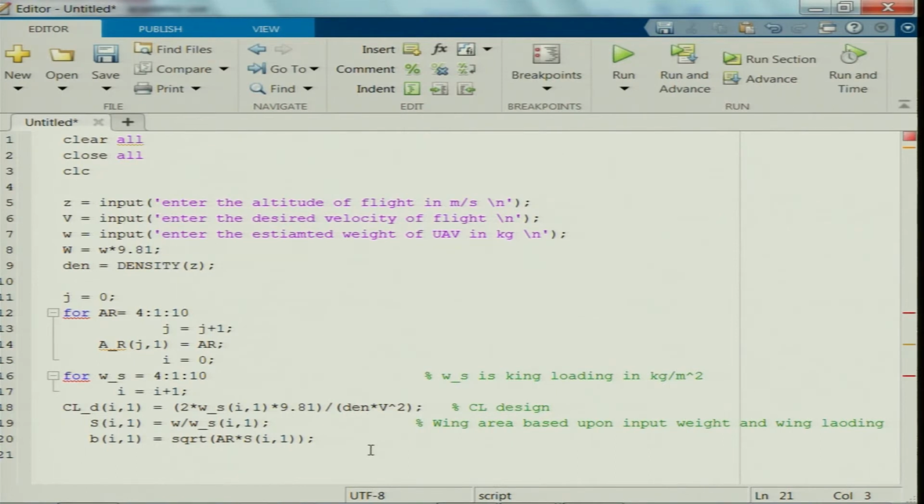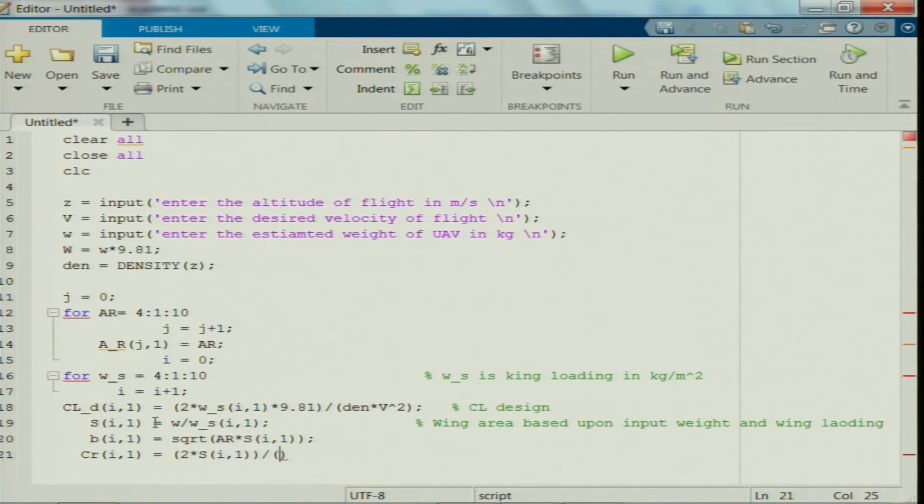So, once we have the span of the UAV, we can find out the root chord, right, from span, area and aspect ratio. In order to find the root chord, what we require is lambda, the taper ratio, as an input. So, this is 2 times S of I comma 1 upon.